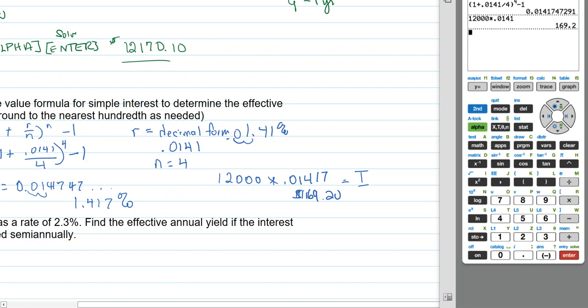So if I add it together, the 12,000 plus the 169.20, I'm going to get 12,169.20. And I'm off only by 90 cents.